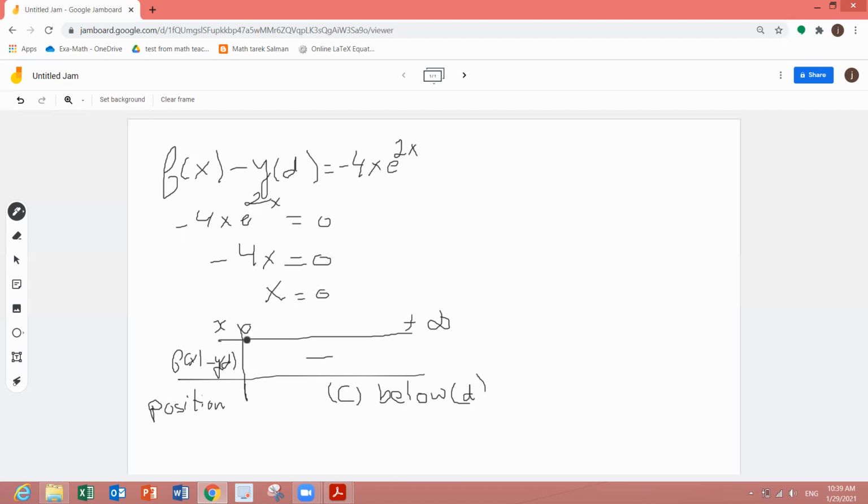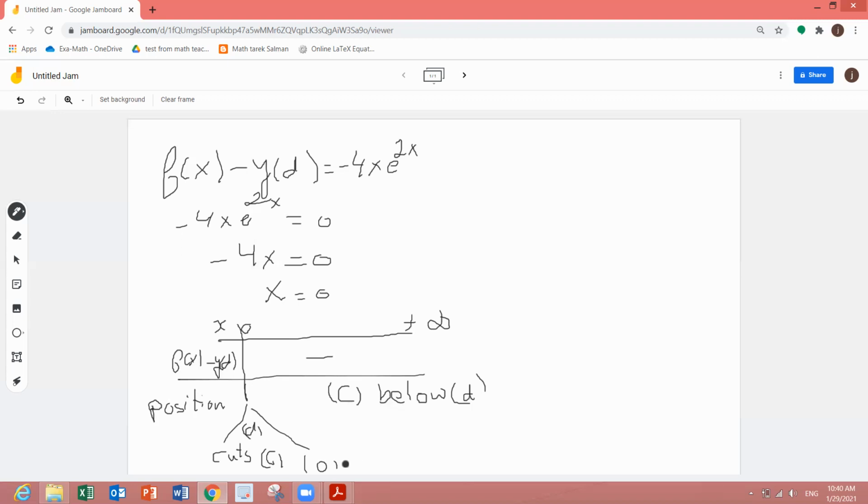And at this 0, D cuts C at the point 0. To find the ordinate, we replace x in the equation of the line.